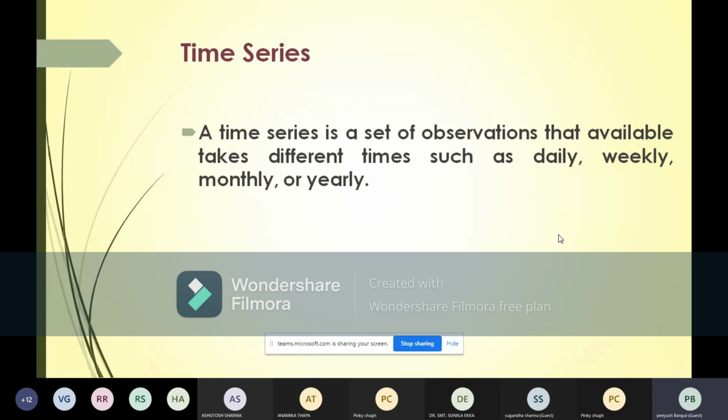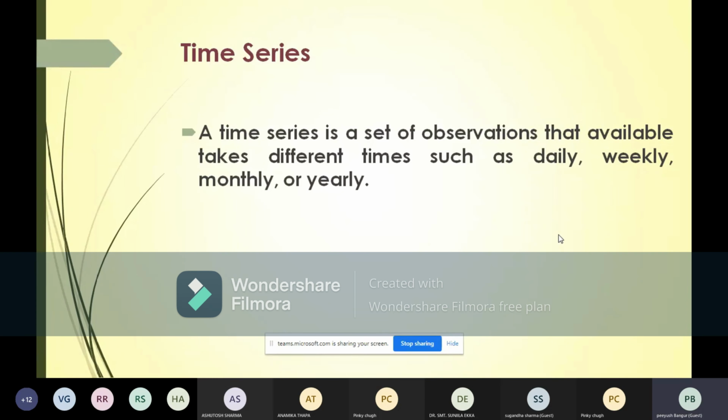If I want to examine stock market returns, then daily data is available, so in this case I will go with daily data. Now one more area has been explored these days, algorithmic finance, where we can take data of seconds, minutes, hours, or daily basis.